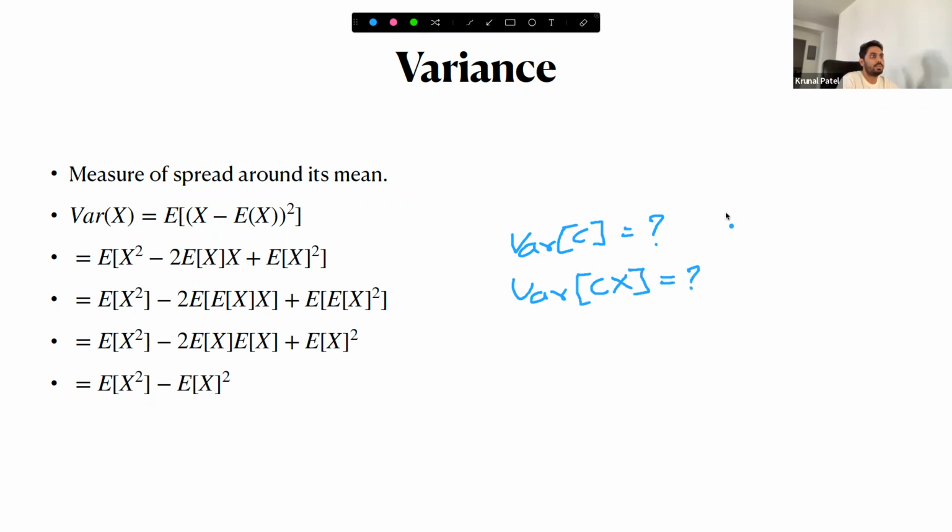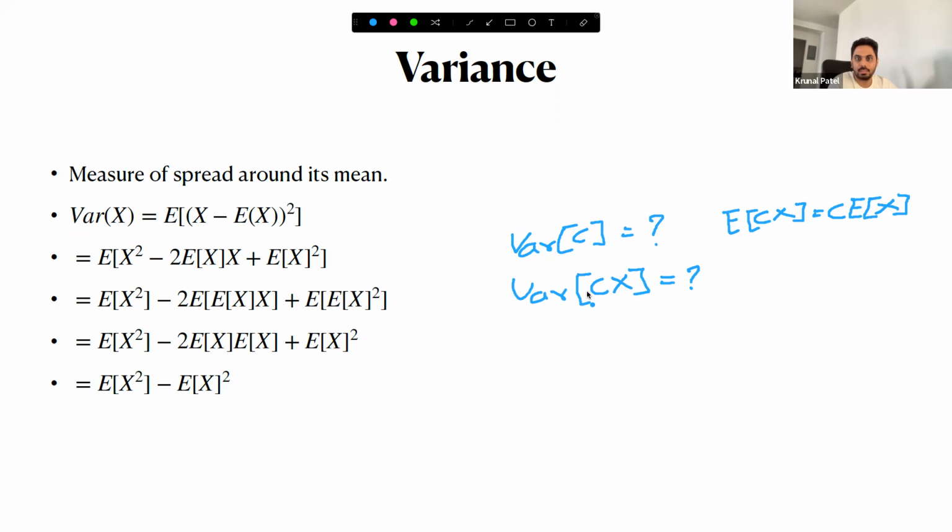We already know that the expectation of cx is c times the expectation of x, but I don't know about the variance. So can anyone tell me? Okay, so we have one answer. Can we have more answers?